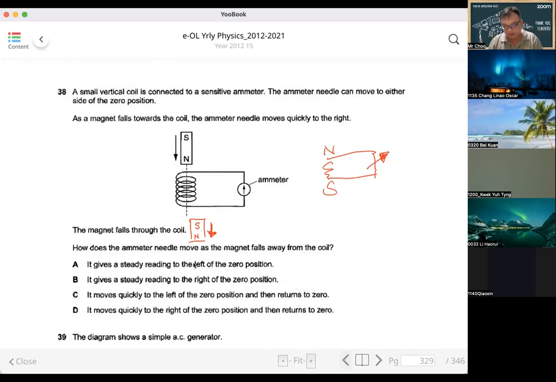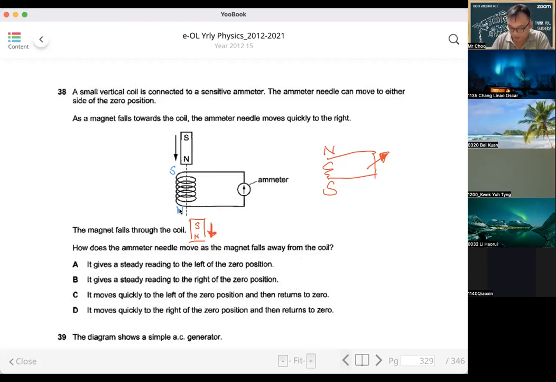To attract, you need to have an unlike pole. So in this case, to attract, the north will be below and the south will be on top. When the north is on top, it reflects to the right. So now the north is below, it will reflect to where? You move to the left.